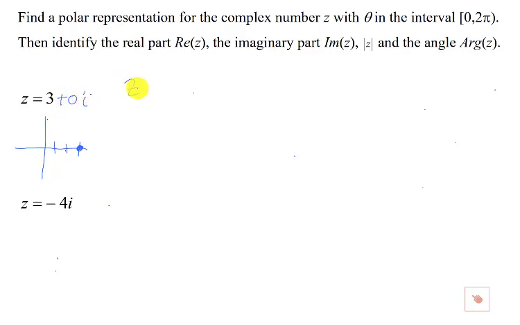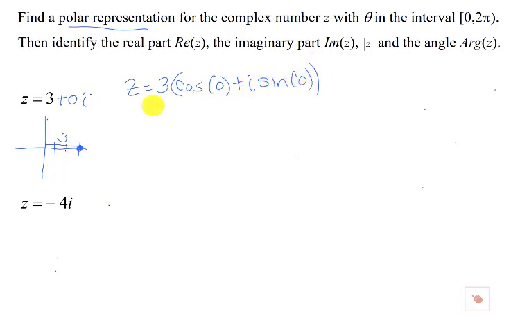So if I write this in polar form, that is when we have the modulus, which is 3, because the modulus is how far from the origin the point is, and that's out 3. And then cosine of the angle, well, it's right on the x-axis, and so that's 0 plus i sine of 0.